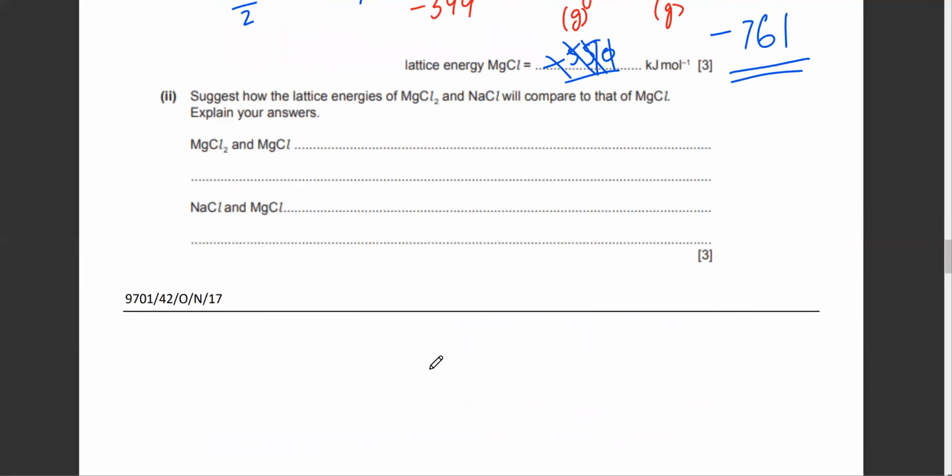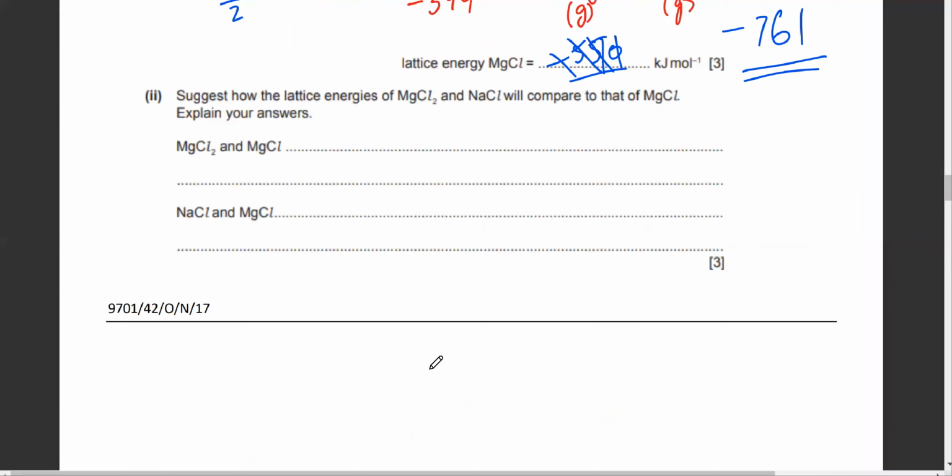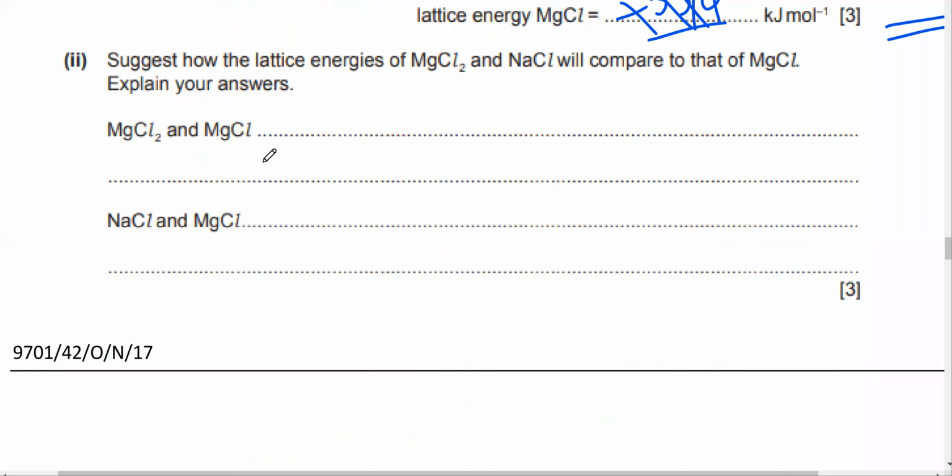Anyways, so now this part. Which one is the stronger lattice, MgCl2 or MgCl? MgCl2. And why? Because there are two electrons being donated. There's greater attraction. So MgCl2 is more exothermic.